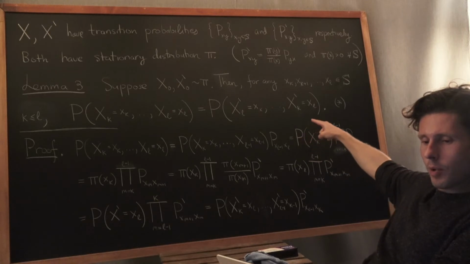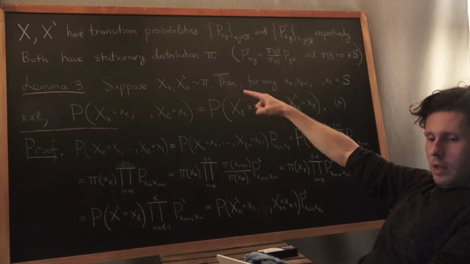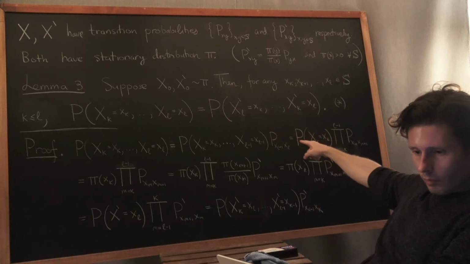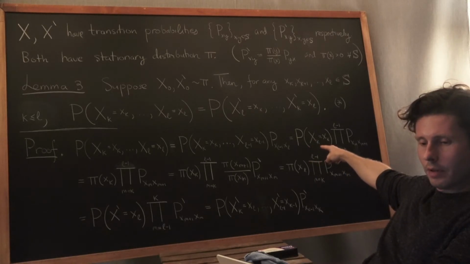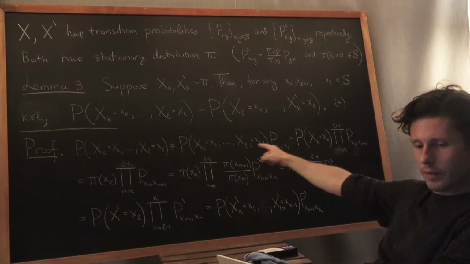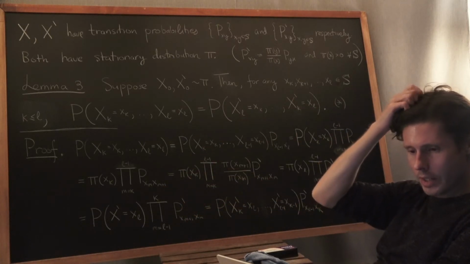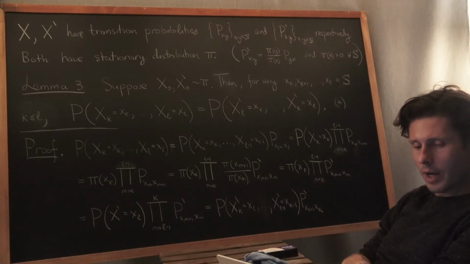It's taking this probability, using the fact that x started in pi, and therefore it stayed in pi, so at any time thereafter, and in this case time k, it had to be in that stationary distribution as well. And so from that line to here, I just replaced the probability that xk is equal to little xk by pi of xk.